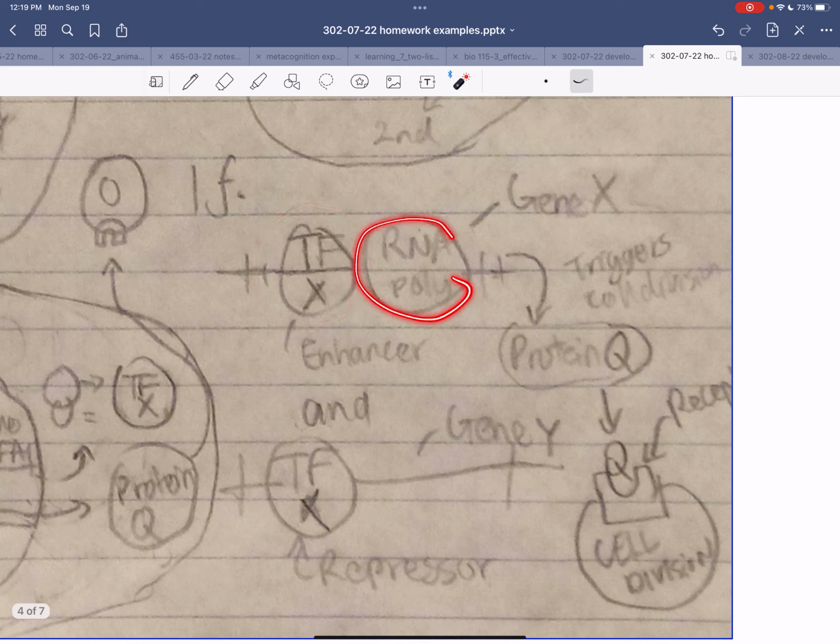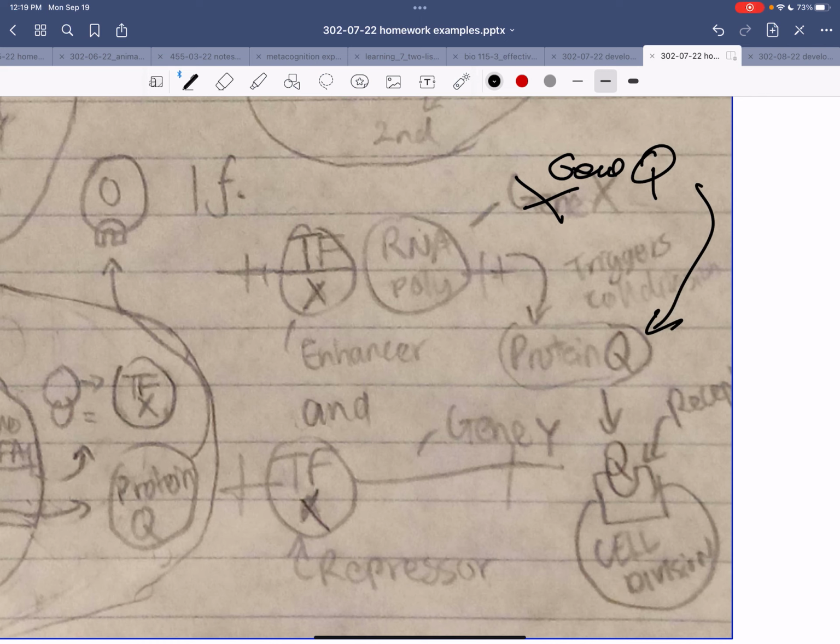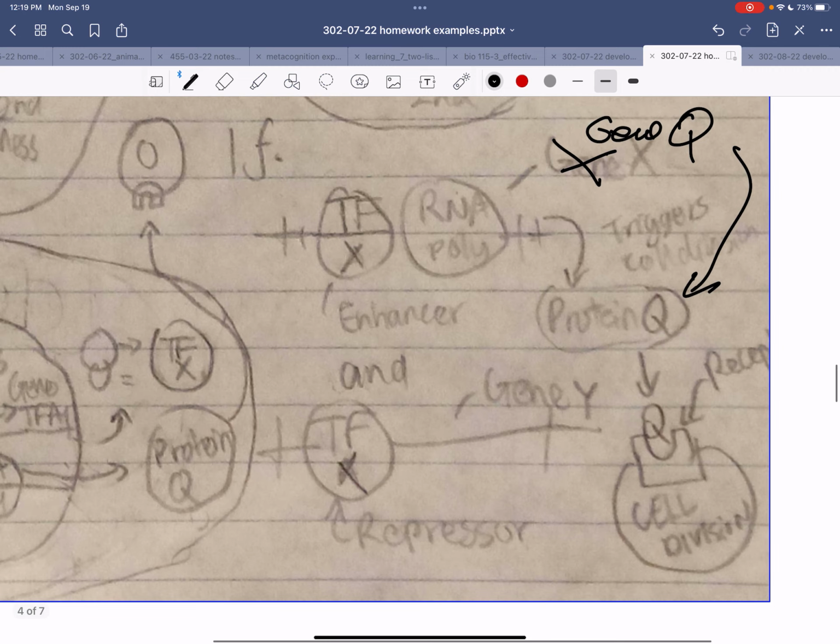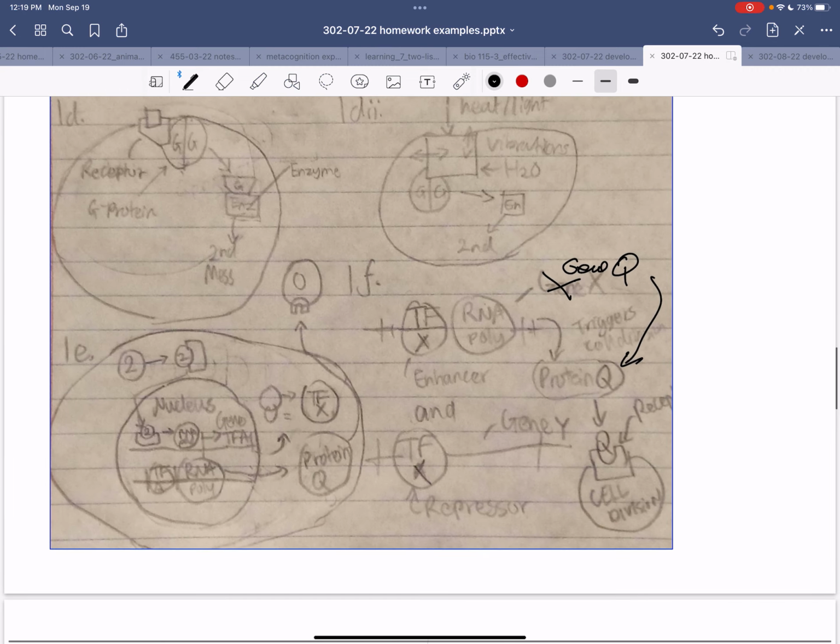That is activating RNA polymerase to make messenger RNA for Q and for P. There's an error here. This would be gene Q because that's the protein it's making. That's one I didn't worry about here, but I did want to correct it.